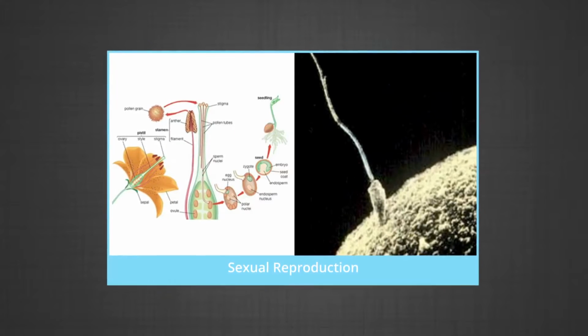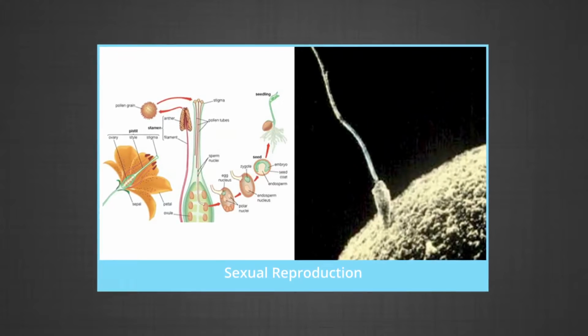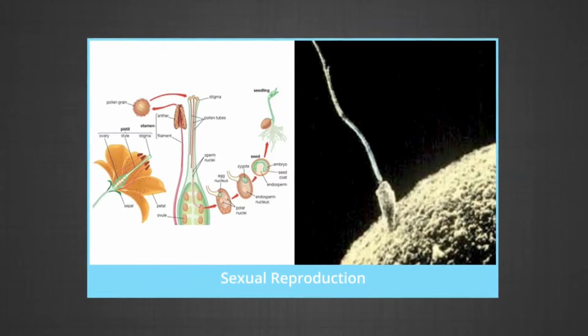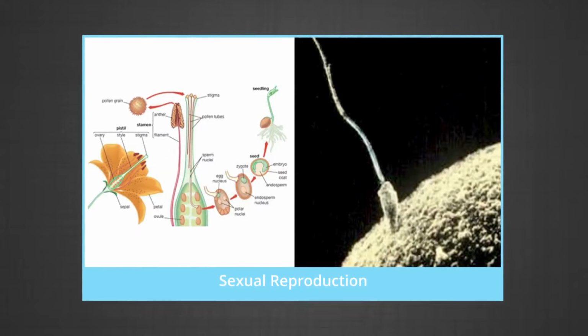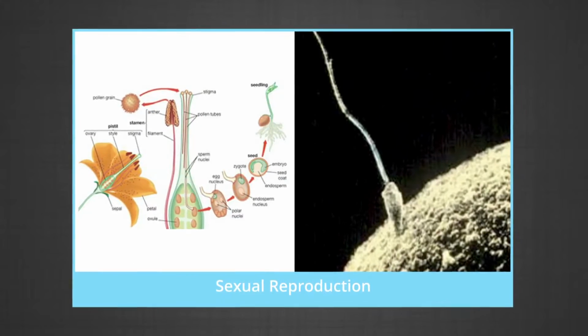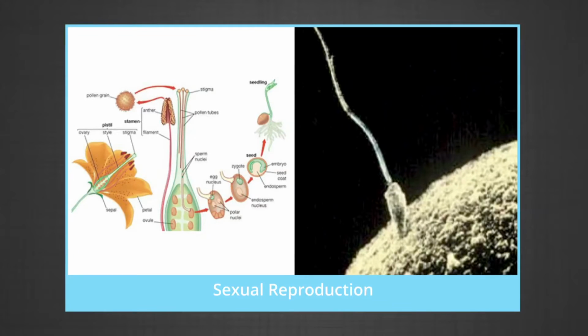Sexual reproduction involves two individuals of the same species, usually a male and a female. Here, the male and the female sex cells or gametes come together for fertilization to take place. After this, the newly fertilized cell goes on to become a new organism, the offspring. This form of reproduction is seen in multicellular organisms.